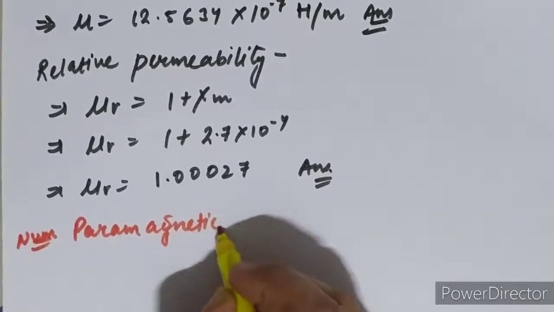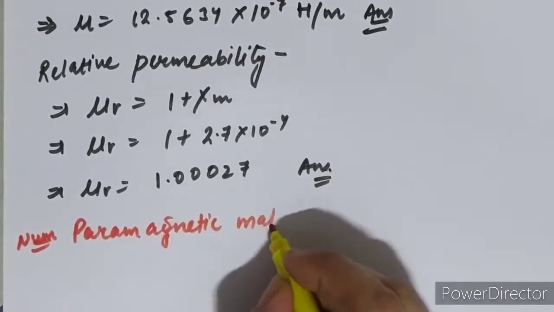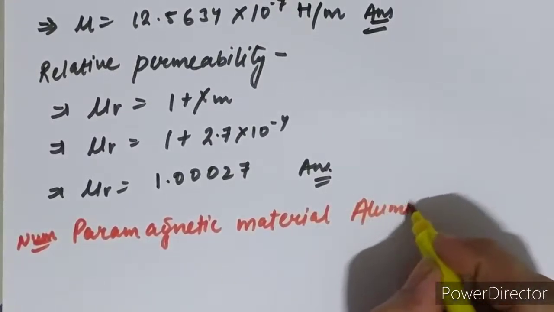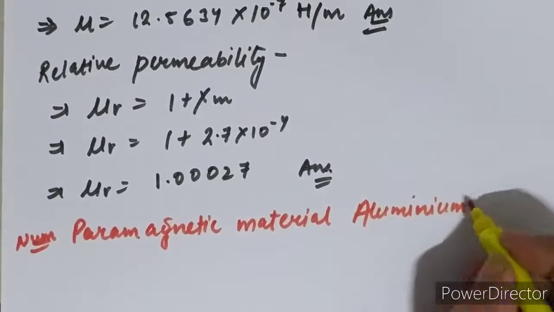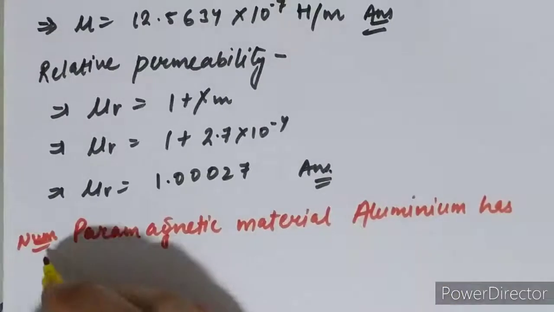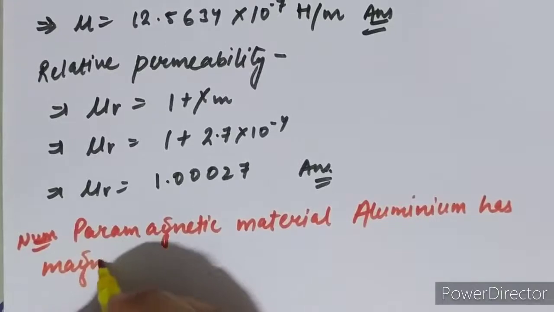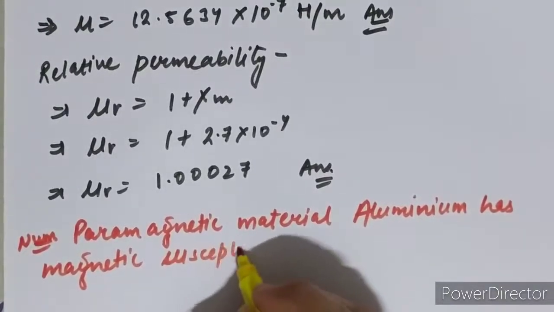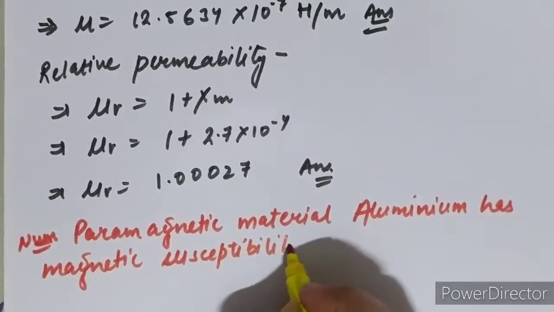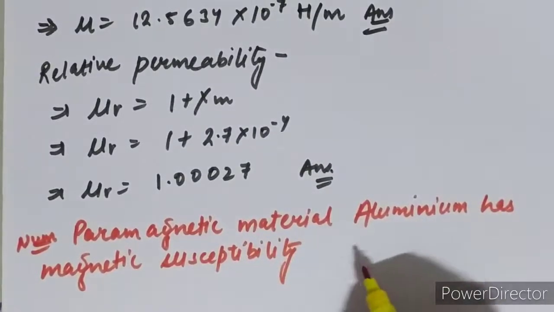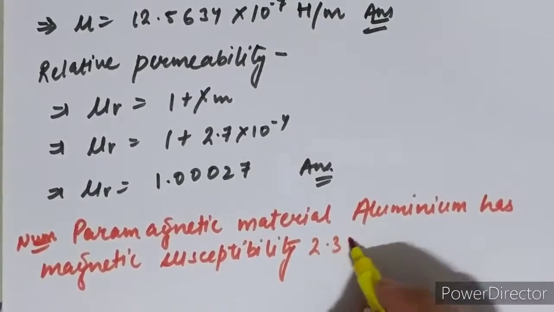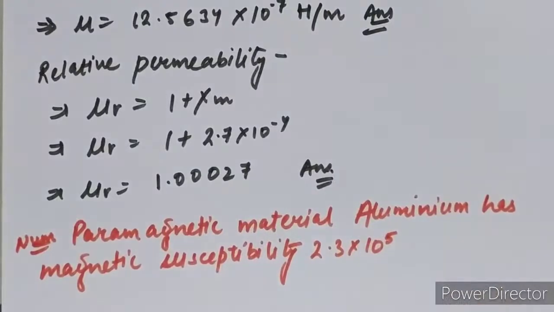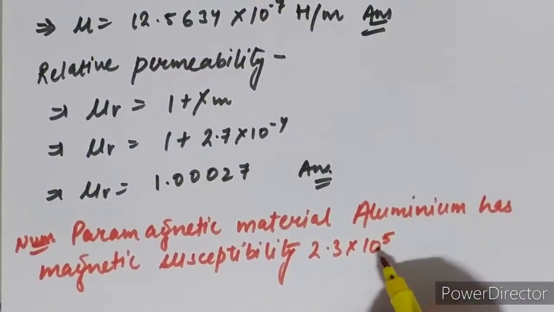A paramagnetic material, aluminium, has magnetic susceptibility 2.3 into 10 to the power minus 5.